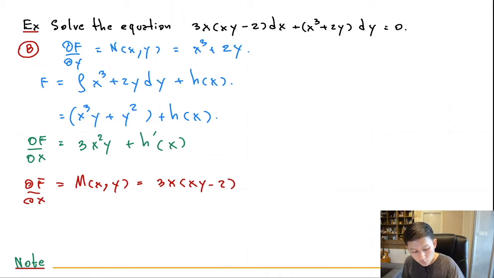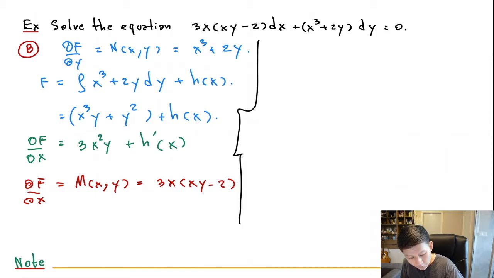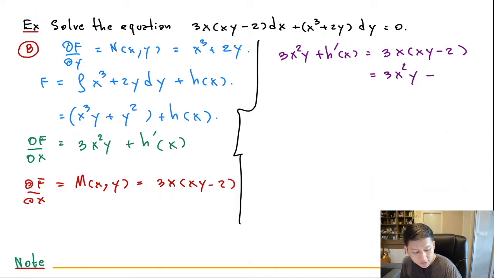So we have 3x squared y plus h prime of x equals 3x squared y minus 6x.